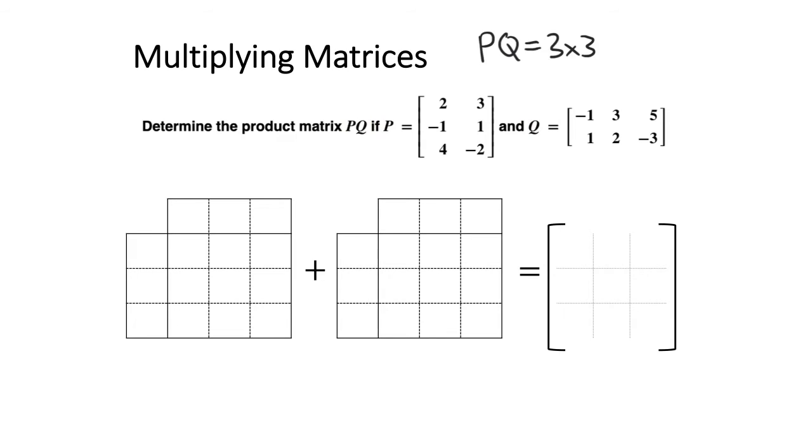To help me complete the product matrix calculations, I've drawn up 2 tables, and each of those tables has elements for 3 times 3, which corresponds to our product matrix order of 3 times 3.